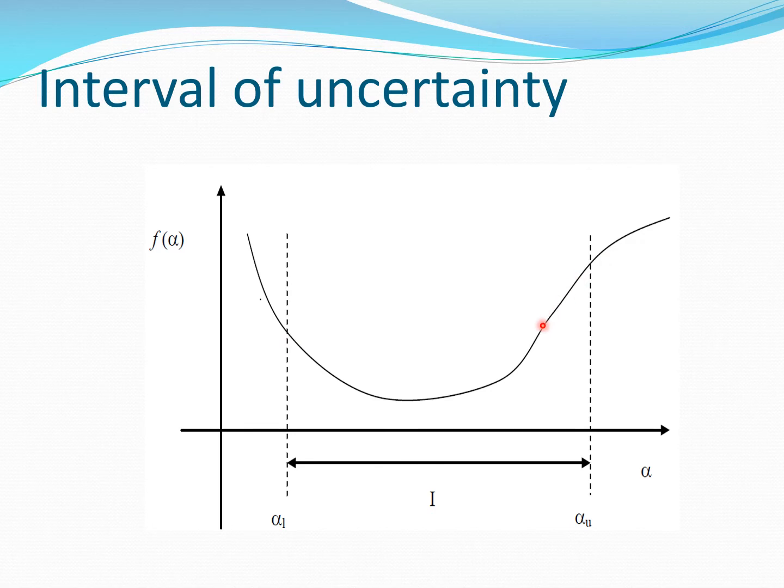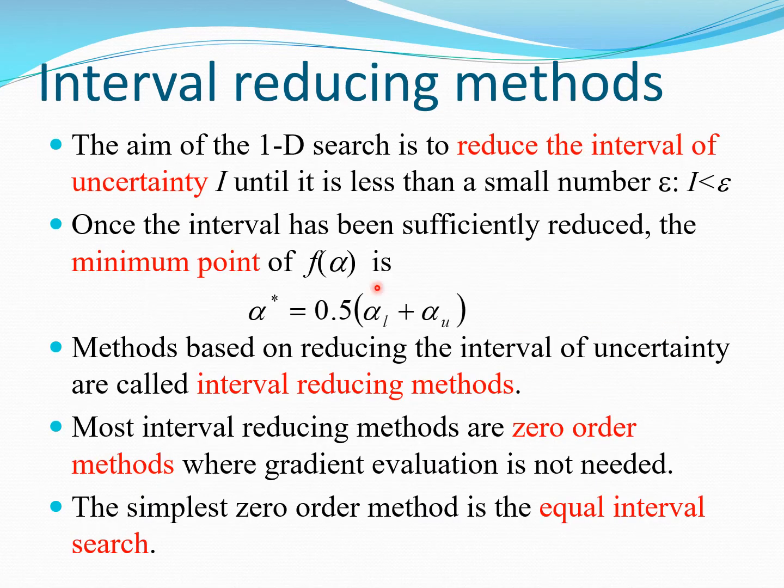The minimum point lies somewhere in between, and the distance between alpha L and alpha U is denoted by I. The aim of all these one-dimensional search methods is to bring down this value of I until it is smaller than a very small number, which we will call epsilon.